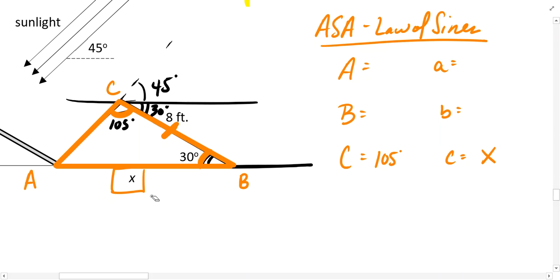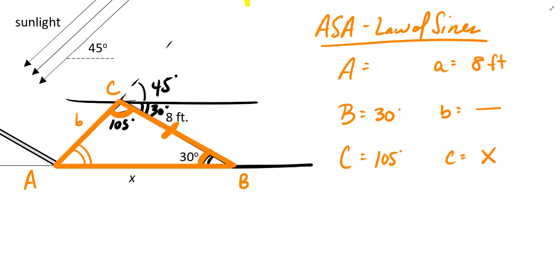That's what we're looking for. We have angle measure B, which is 30 degrees, and side length b is unknown, but not really part of this problem. We're not interested in side length b. Side length a is known at 8 feet, and it would be necessary to have angle A in order to use the law of sines, so let's go ahead and compute that.